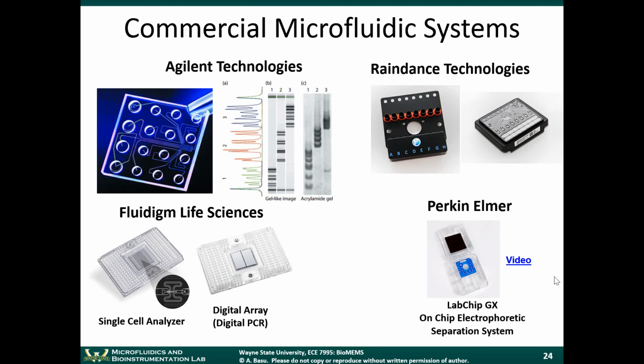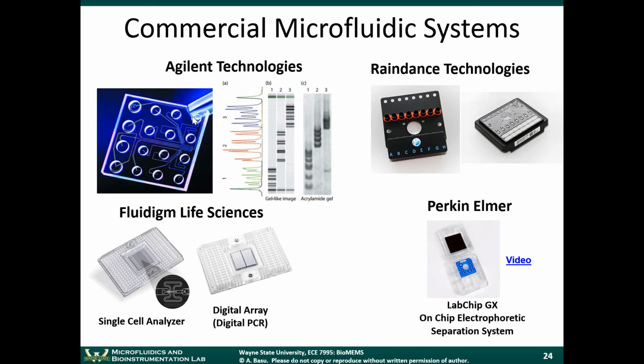But the types of devices that they sell: we talked earlier today about capillary electrophoresis, which allows you to separate DNA molecules by size. It can also be used to separate other analytes by size, like metal ions in environmental samples, so you can determine the concentrations of different metal ions in a sample. You can analyze proteins this way.